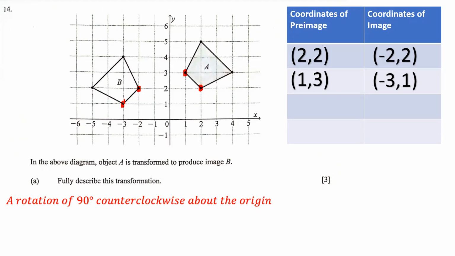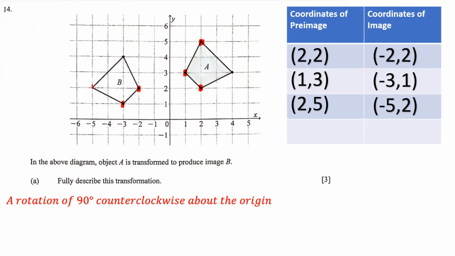Now let's move on to the next point. We have 2, 5. 2, 5 is here. Now let's rotate this point. If we rotate this point, we get, sorry, negative 5, positive 2.